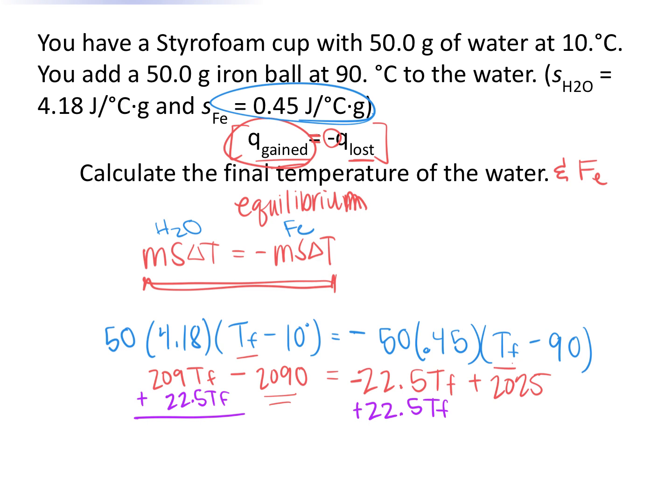That gives me 231.5 TF equals, and meanwhile I need to move this to the other side, plus 209 plus 2,090 and that gives me 4,115.